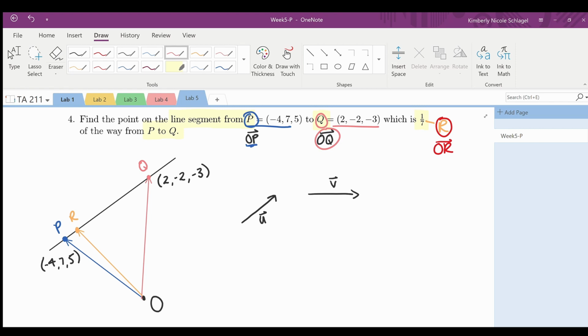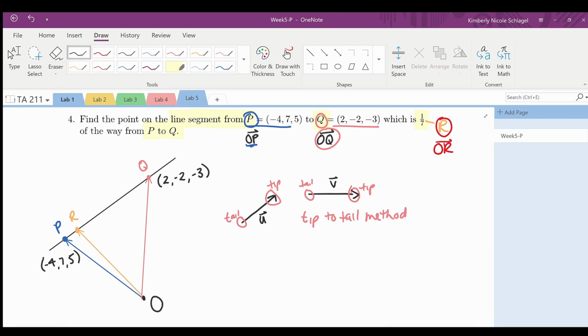Our tail is this part right here, and our tip is this part right here. Same thing on the other one: this is our tail, and this is our tip. So we're going to add vectors using the tip to tail method.